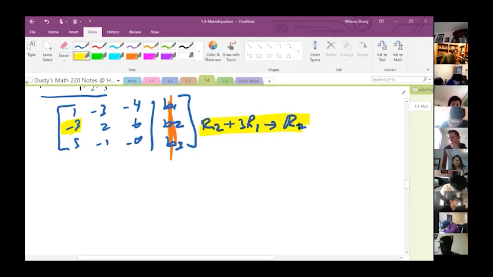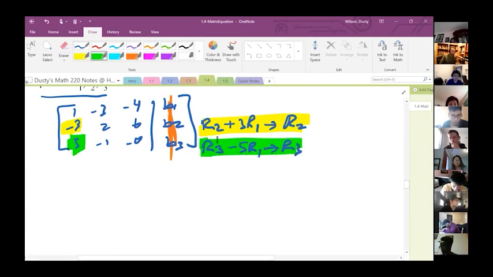So that's my method for the madness. And then here I've got a 5. And so to deal with the 5, I'll have row 3 minus, so it's the opposite sign, 5 times row 1, and that is going to become my new row 3. So just reminding you of that process.